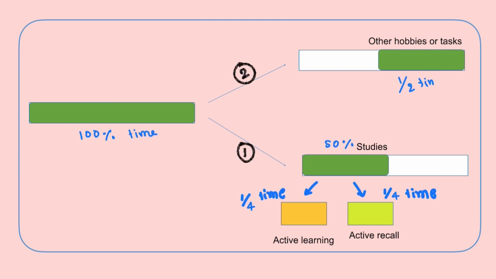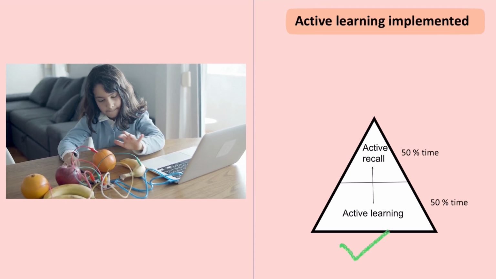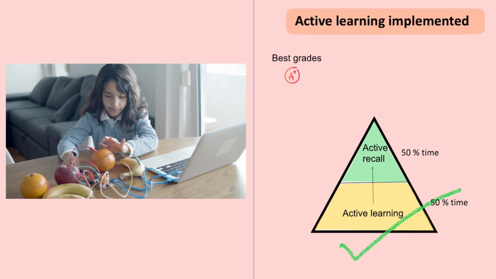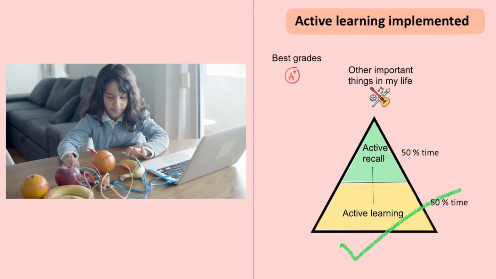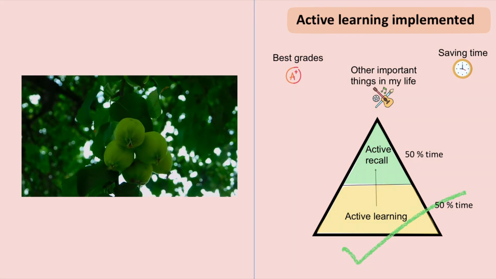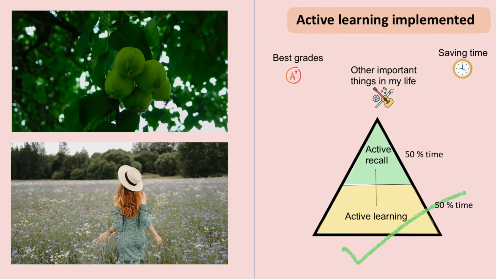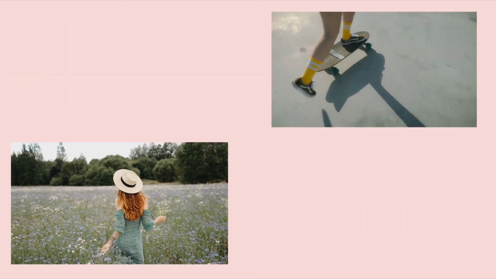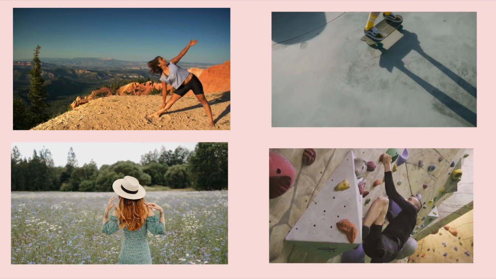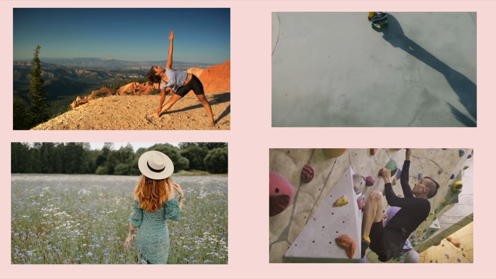For me, at least, ever since I started to implement active learning, I am able to score the best grades, saving time and using the saved time for other important things in my life, like working on my business, and I am also able to spend more time with my family and myself. I know you must be finding this very unrealistic, as doing only one task excellently requires so much of our time and energy.